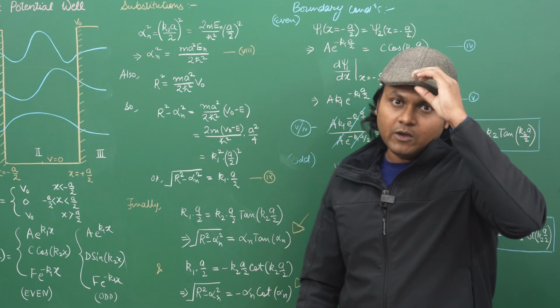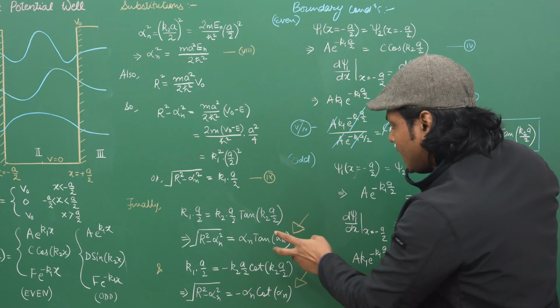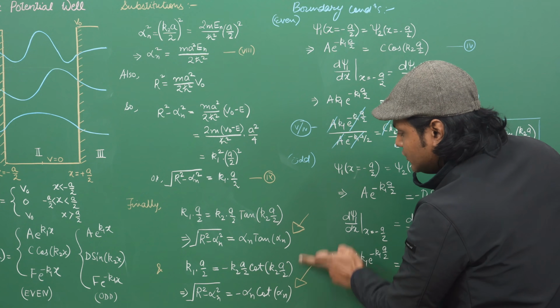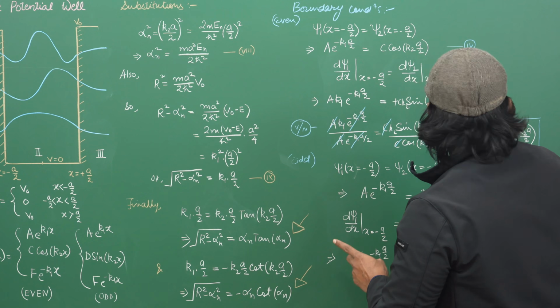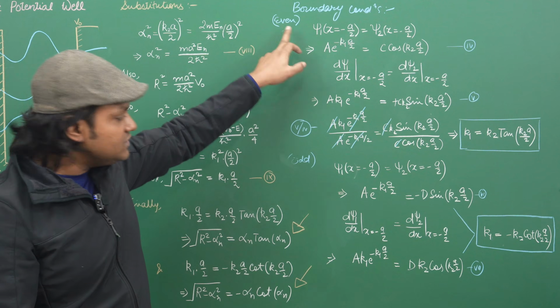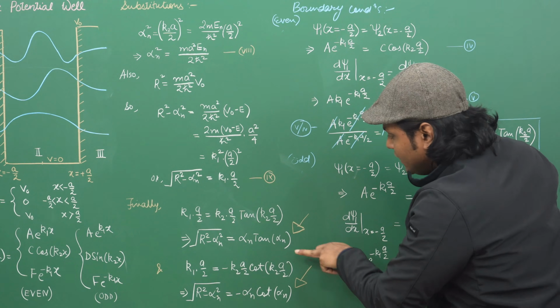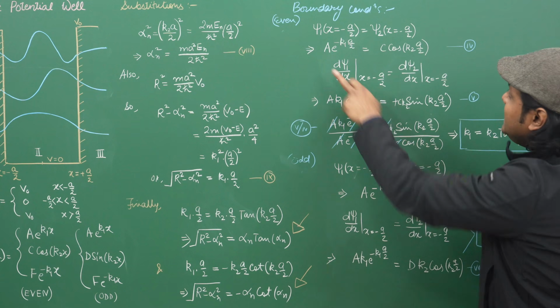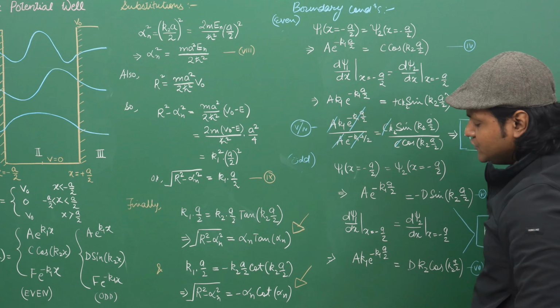Whenever you have an equation connecting two sides, on one side you have a trigonometric function, so you see that there's a trigonometric function in the right hand side. By the way, keep in mind that the first equation is the equation for even solutions and the second one is the equation for odd solutions.